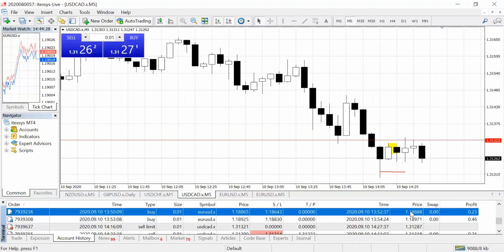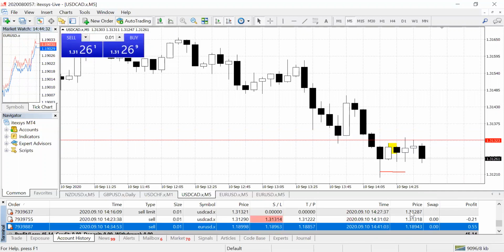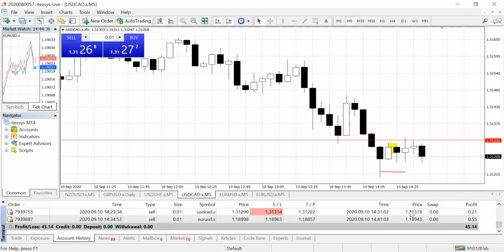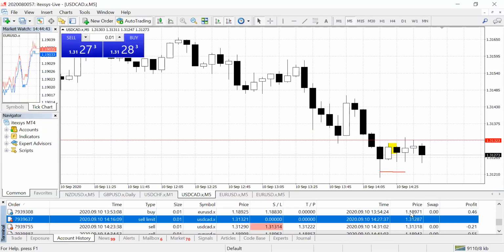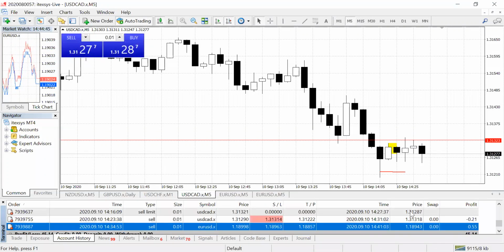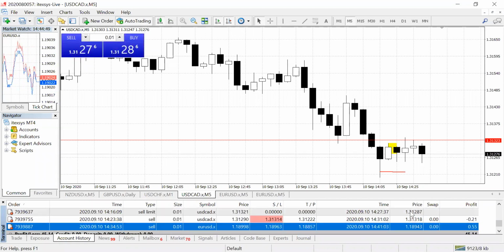This is almost 3 pips, 5 pips. This is the loss, 2 pips loss, and then 6 pips minus the commission. So overall, we had 3 winning trades, 1 losing trade, and we had like 10 pips of profit with this little trade.